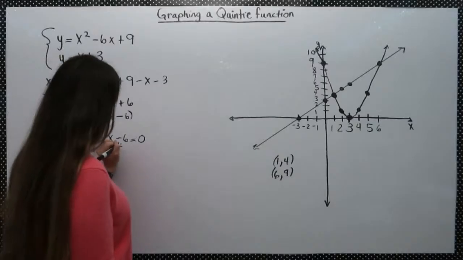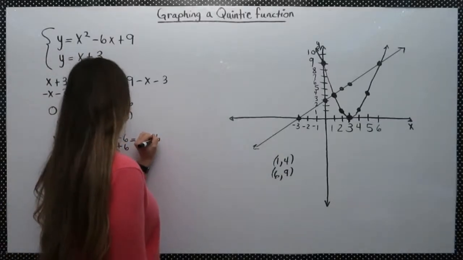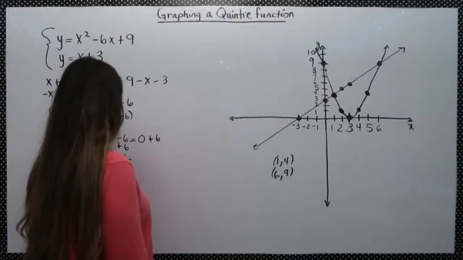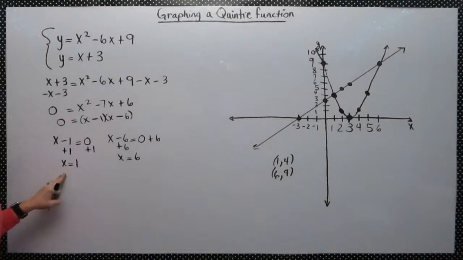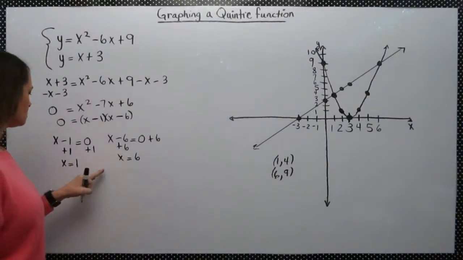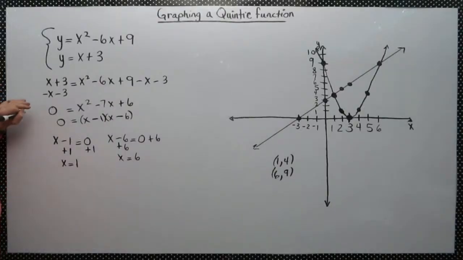And here, similarly, inversely, adding 6 to both sides, you're going to get x equals 6. And these are the two values for x that satisfy this equation, this one.